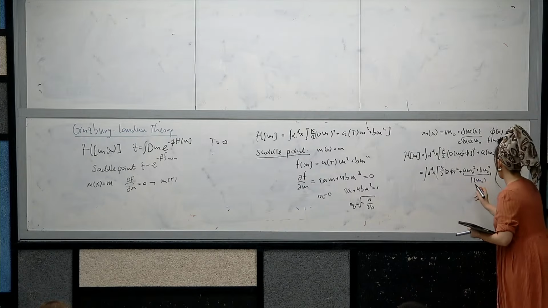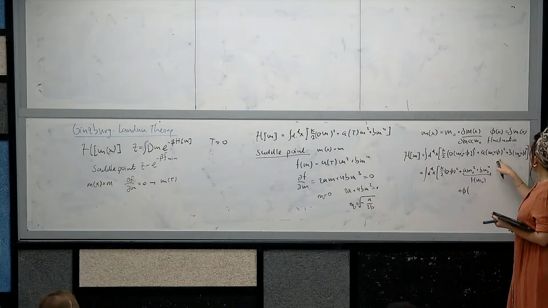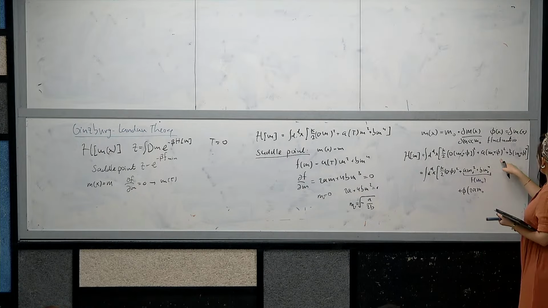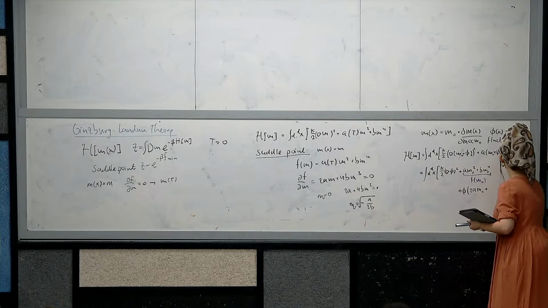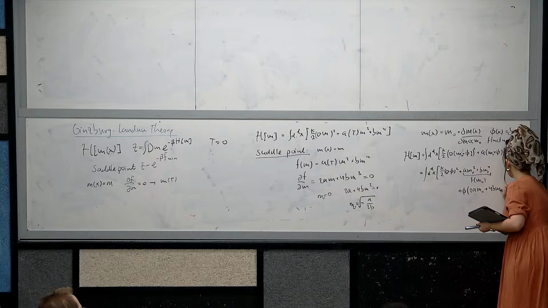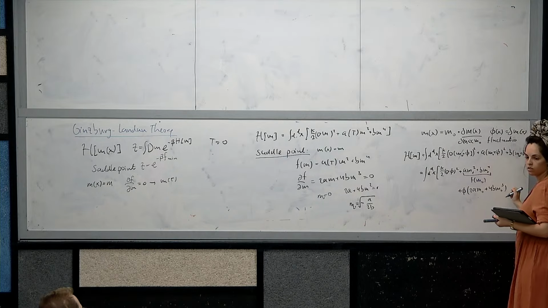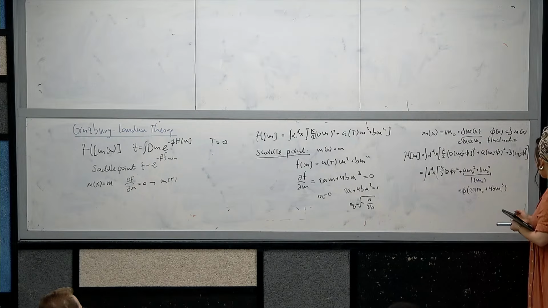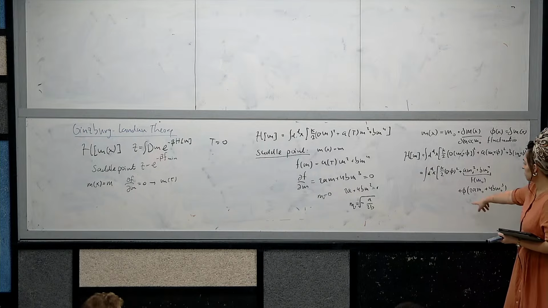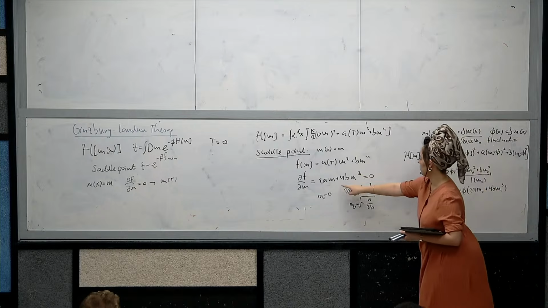Now to the first power of phi. From here we have 2a m0, and from here we have 4b m0 to the 3rd. Okay. Now this exactly solves the saddle point equation, it's this term.